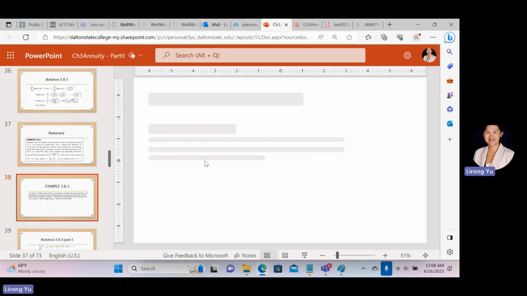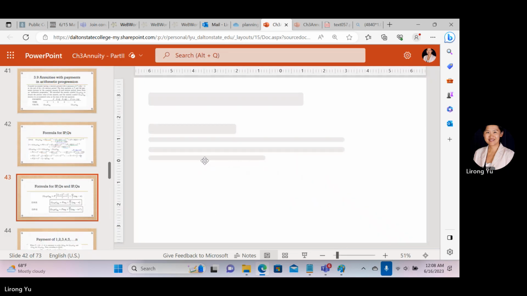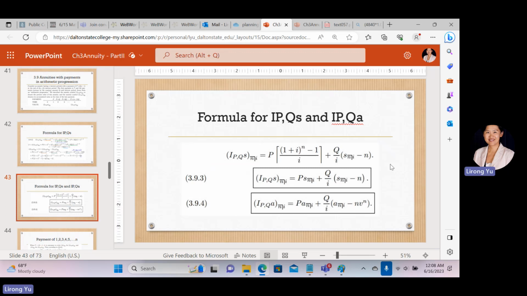All right, for this one, there's this formula. So this is where the increasing payment has initial payment P, then the increment being the value of Q. So we have P times this plus Q over i times this.